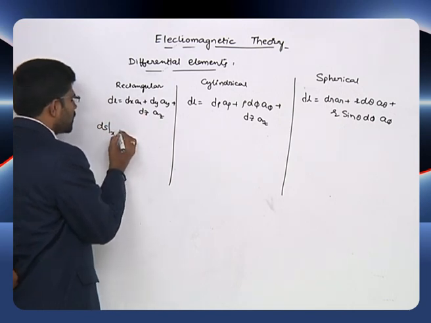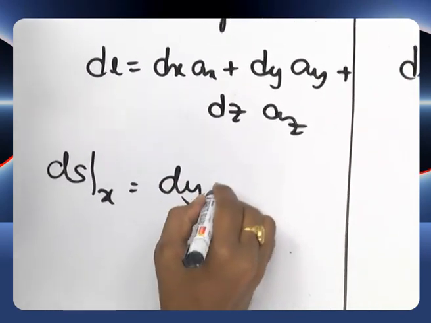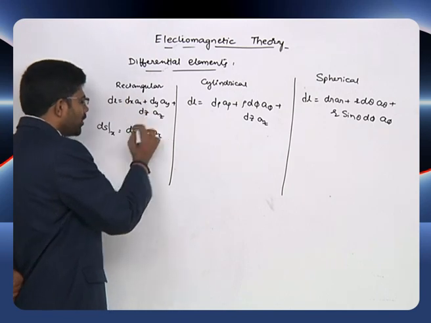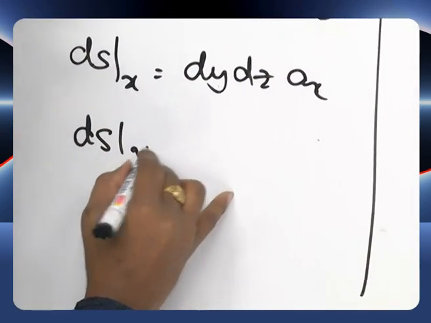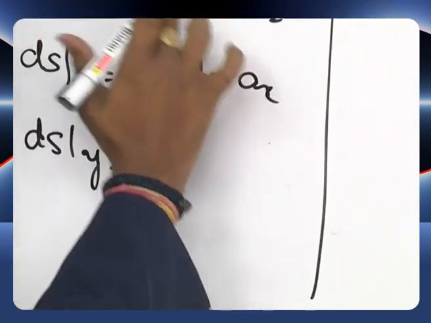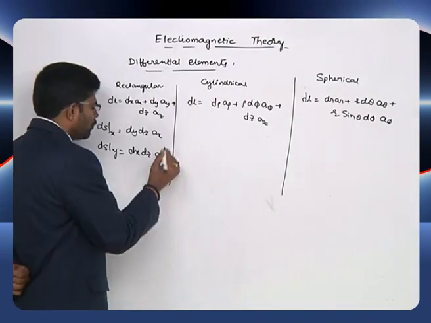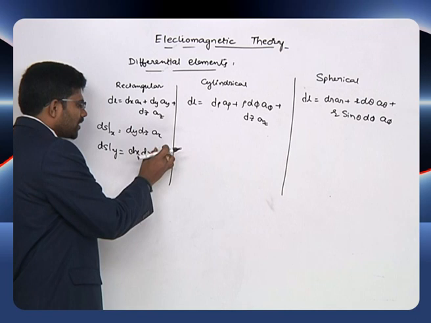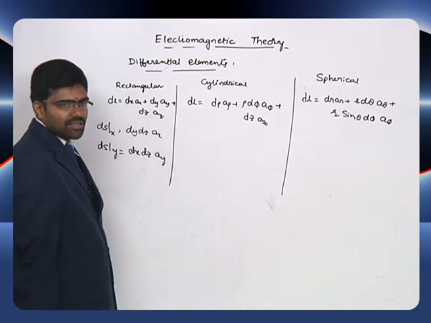Now observe the differential surface in all directions. Let us take the differential surface in x direction: dy dz ax. Close this one and the remaining two components will be multiplied. The differential surface in y direction: close this one, dx dz in the direction of y. Just observe, it's one more simple concept. If you are considering the y direction, the differential elements will exist in x and z directions.